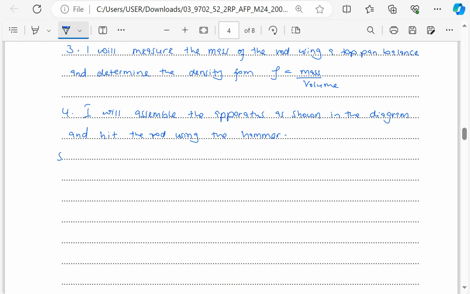So step 5 is now going to be determining F. Since I've already hit the rod with the hammer, the next thing is to determine F. But how do I determine F? First of all, I need to find the period, and to find the period, I need the horizontal length of one wave on the oscilloscope times the time-base setting.